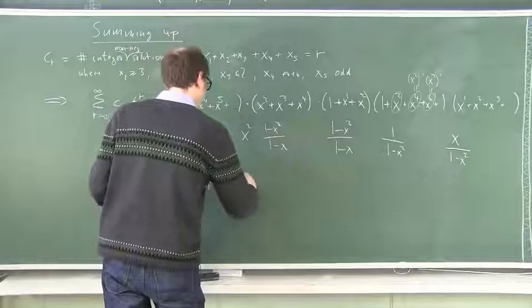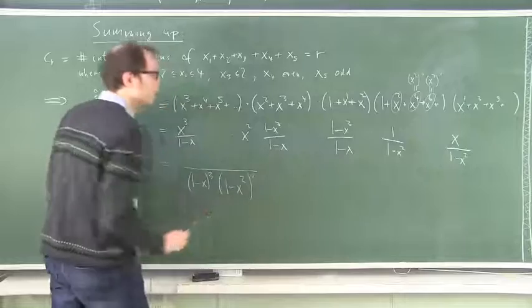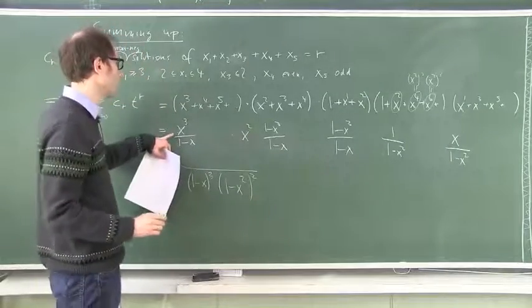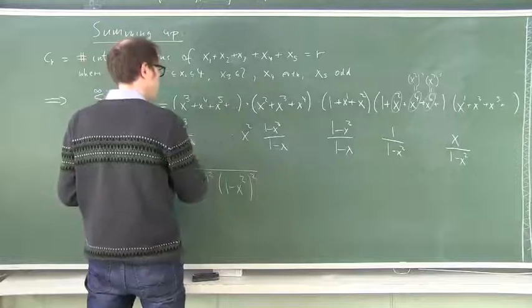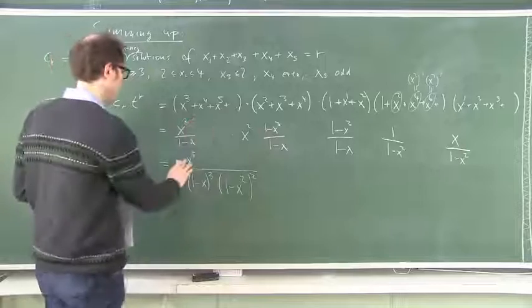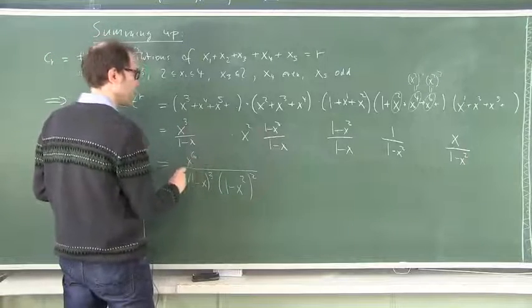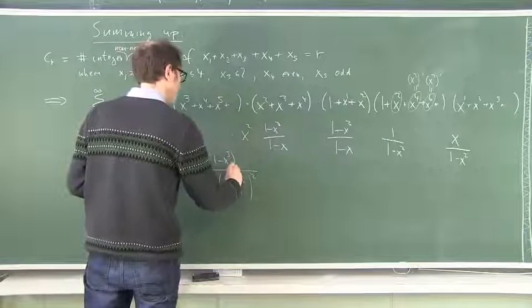Let's just keep it here like this, squared. And at the top we have x cubed, x squared, so x to the 5 times. Oh, wait a second, I forgot about the x there. You see, you have to be careful, so we have x to the 6. And finally we have 1 minus x cubed.